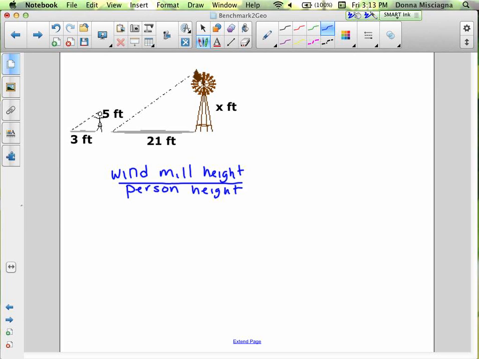Notice I've matched height with height. What do I know? I know the windmill shadow. What does that match? That matches person shadow.